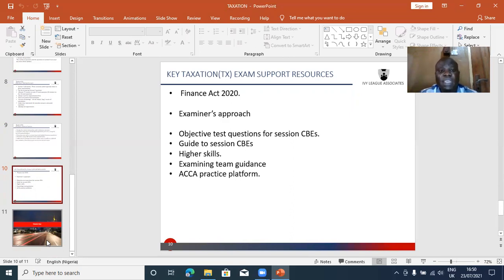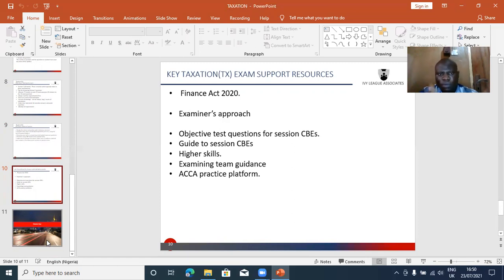Objective questions for that are available from the approved content providers. And I've told you the importance of objective questions. They will account for 60 marks out of the 100 marks in this exam. So you are going to pay attention to that, ensuring that you practice enough objective questions.